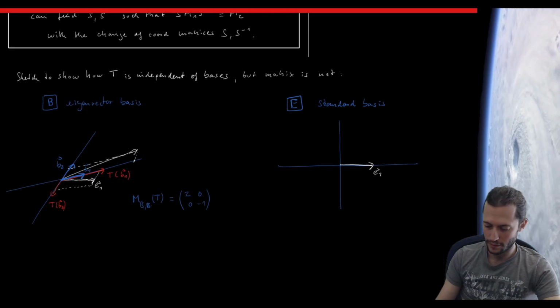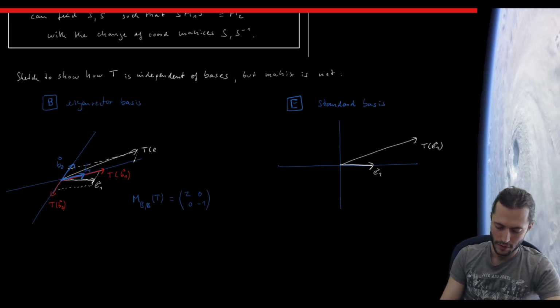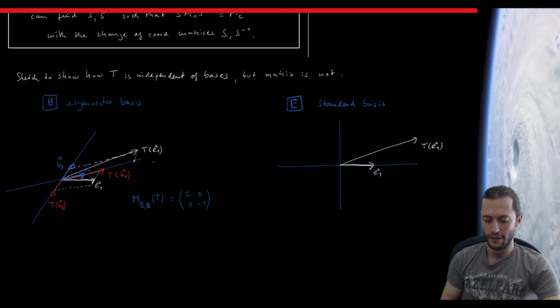It goes somewhere over here. T of E1. You see how the linear map T is doing the same thing to the vectors, but here it didn't stretch the basis vector, whereas here it did change the basis vector, this one.